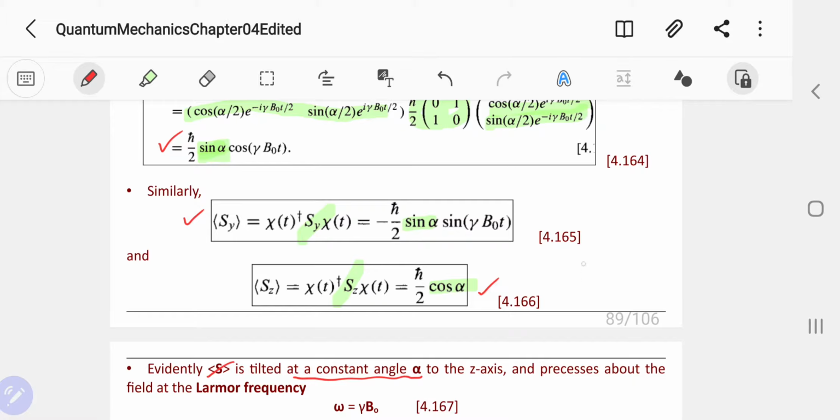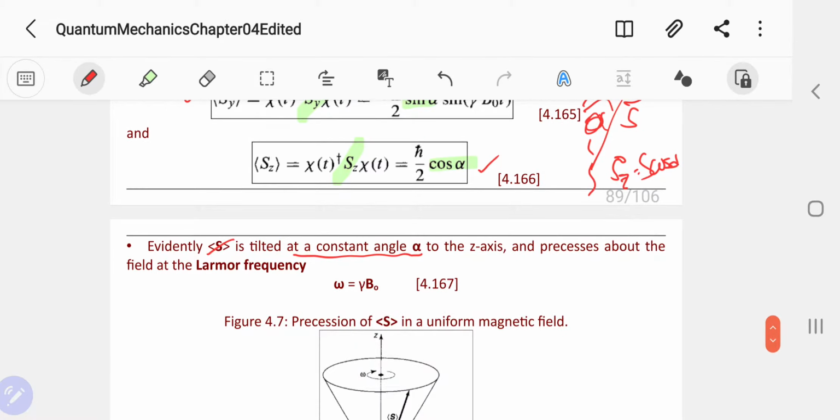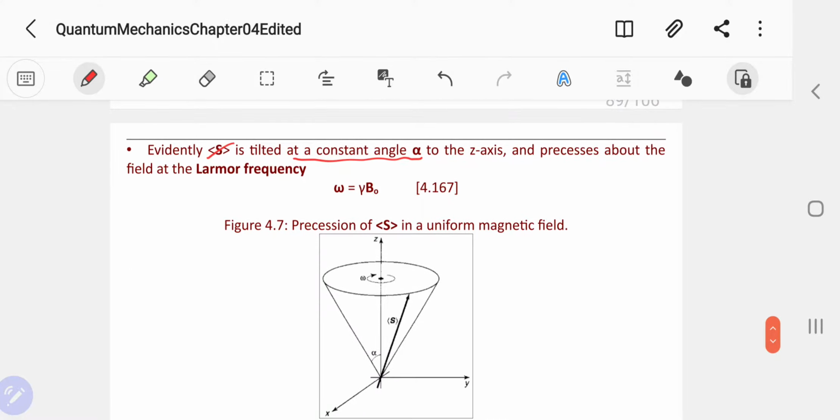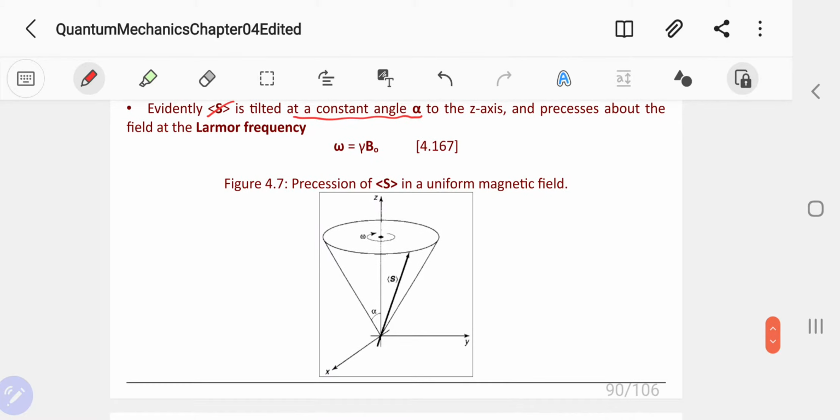So if S is this one, and this is alpha, and your Sz is here, Sz would just be some cosine component of your S. Your S here is actually h/2, and so you can see that it's tilted. The figure is here at the bottom, alpha.